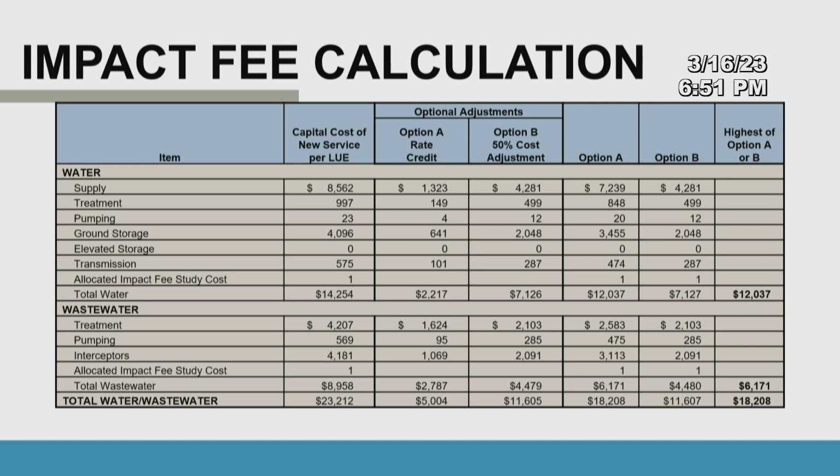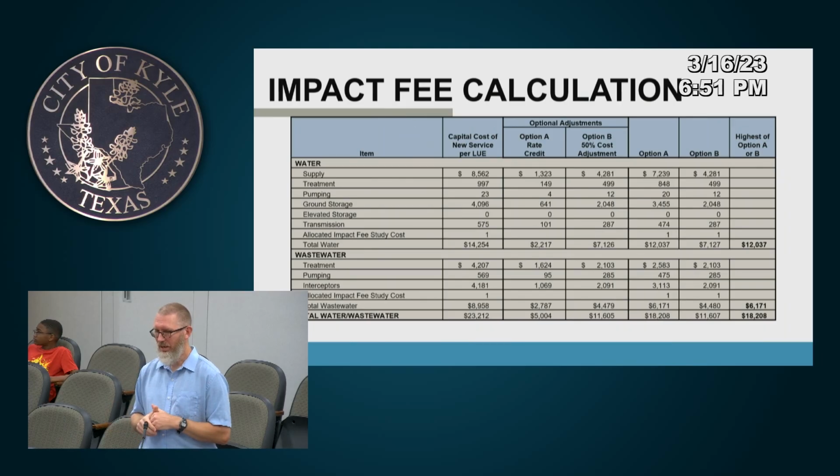If we look at option B and we just take half of the capital cost of new service, then we come up with a maximum allowable impact fee of $11,607. Chapter 395 says that once you do both these options, you can pick the higher of the two. So in the last column, if we pick the higher of the two, it's obviously the rate credit. It's always going to be the rate credit if the consultant goes through the process of doing that.